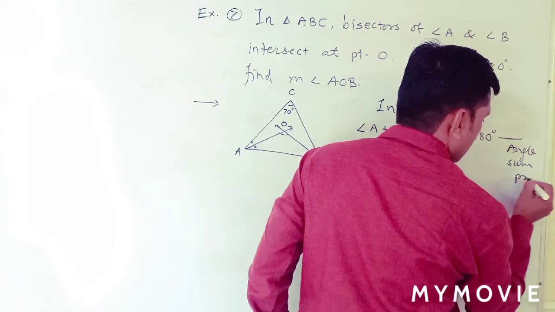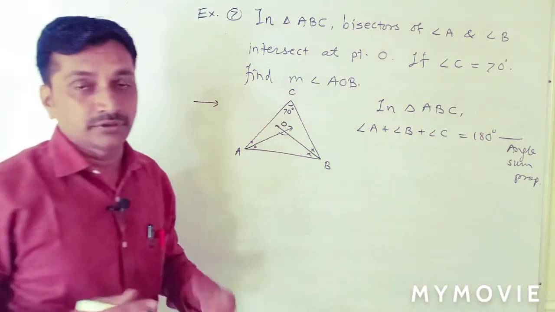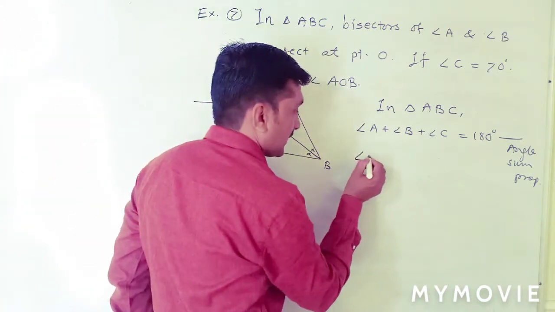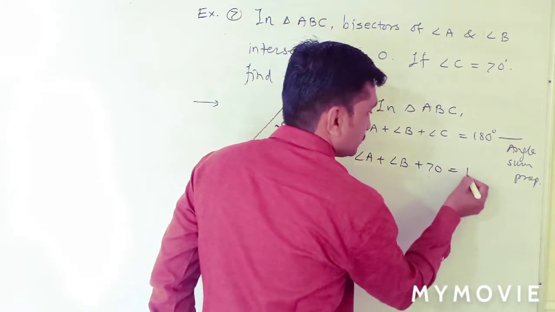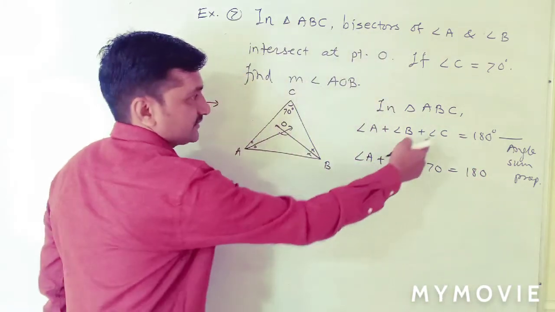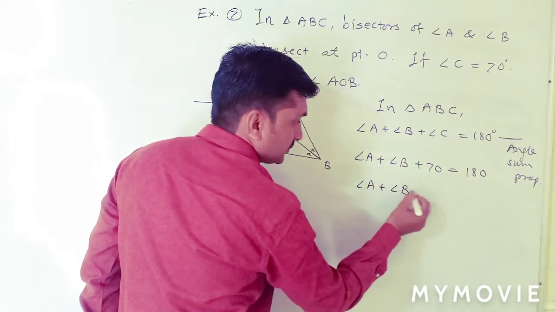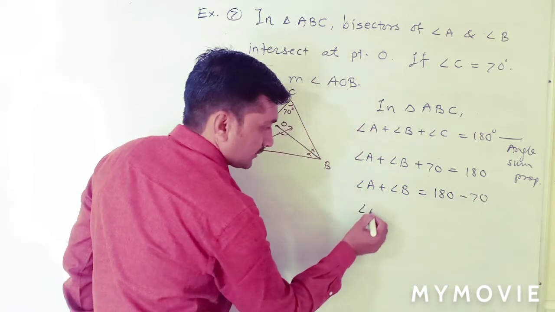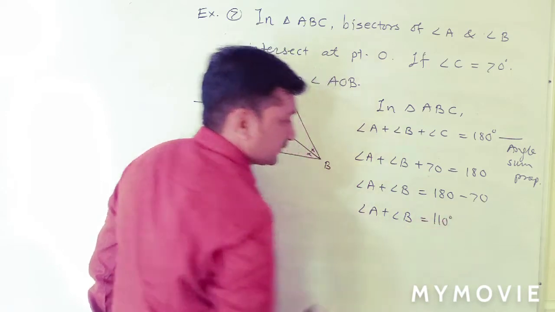Put values. But which value? Only one angle we know, that is C. Then angle A plus angle B plus 70 is equal to 180 degrees. Only the measure of C we know. Angle A plus angle B is equal to 180 minus 70. Angle A plus angle B is equal to 110 degrees.